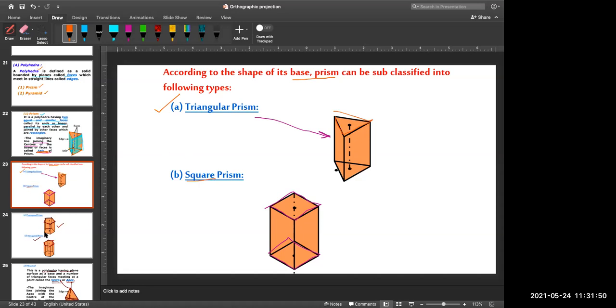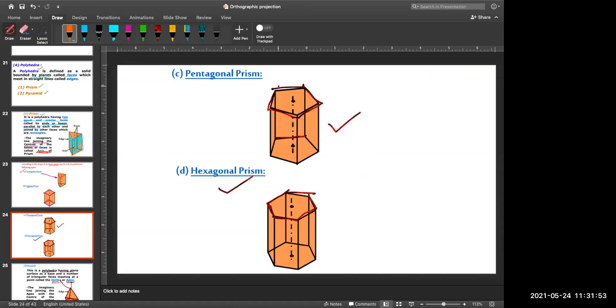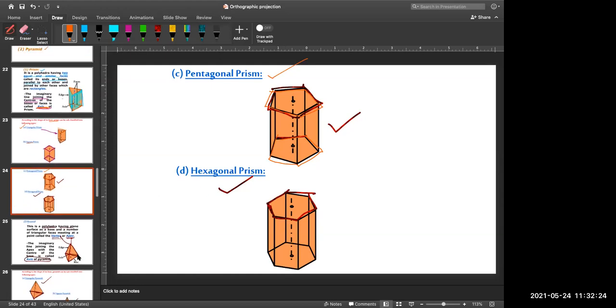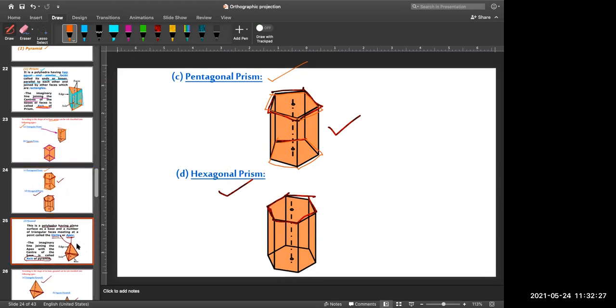This is your pentagonal prism, because on the top you can see there is one pentagon, and exactly the same at the bottom also there is one pentagon. The line joining these two center points is called the axis of the prism. And this is your hexagonal prism. You all know that pentagon is having 5 sides, hexagon is having 6 sides. Based on that number of sides, these prisms are classified.